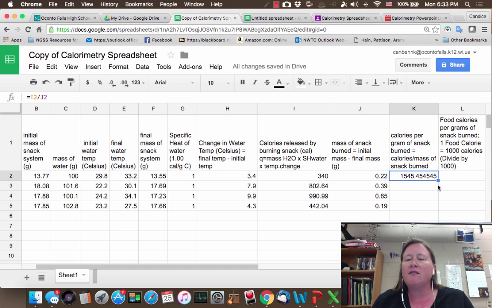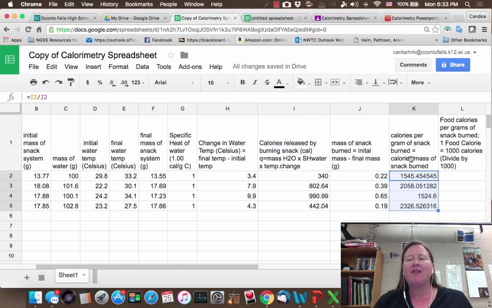Now let's see if this number is similar in the other trials. I would say they're not too far off from one another. This is such an activity where there really isn't a lot of control in the number of ways that heat can be lost and sources of error.